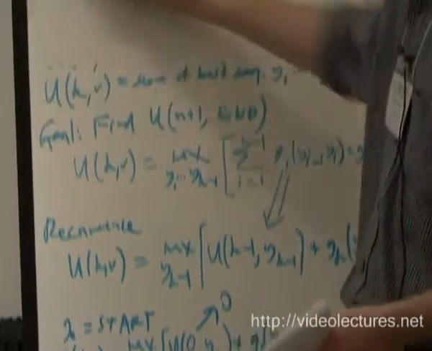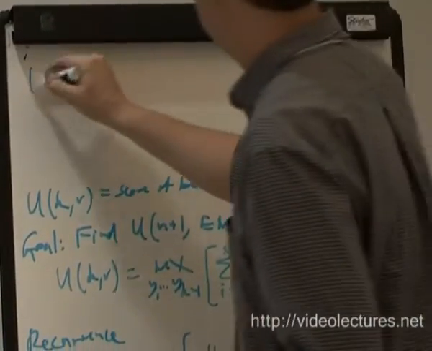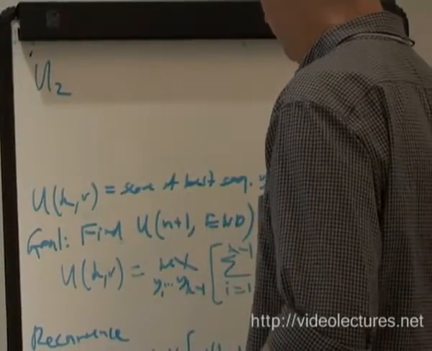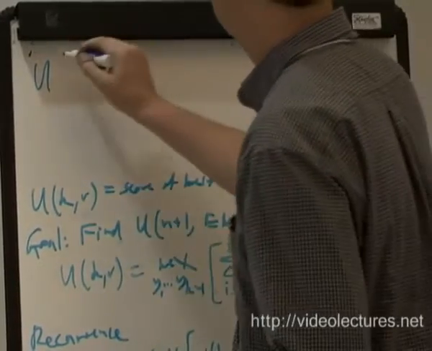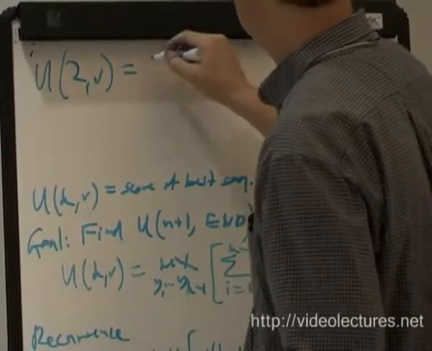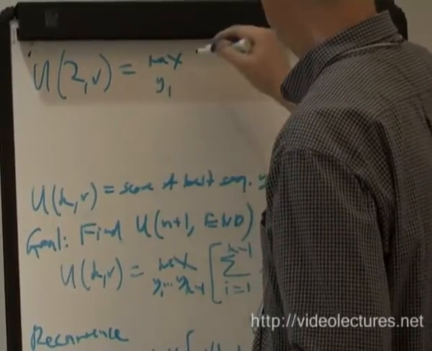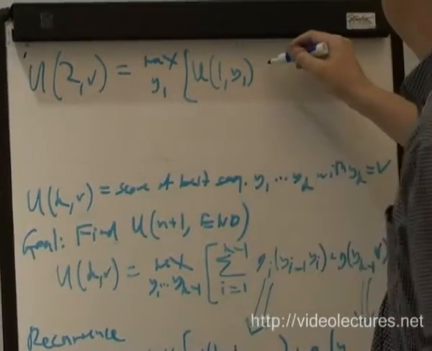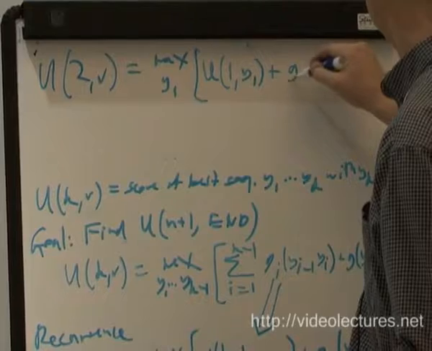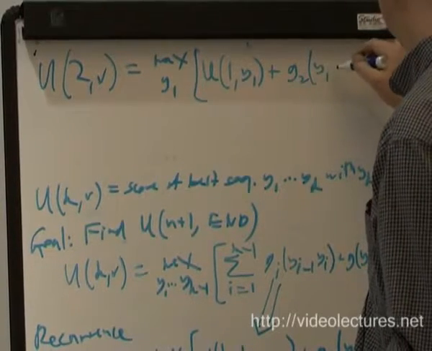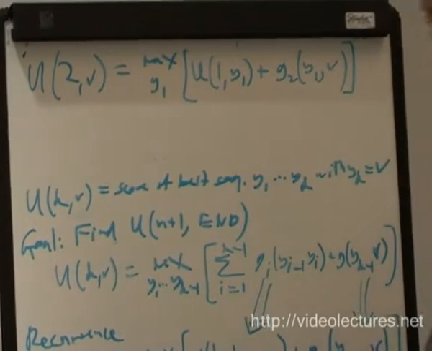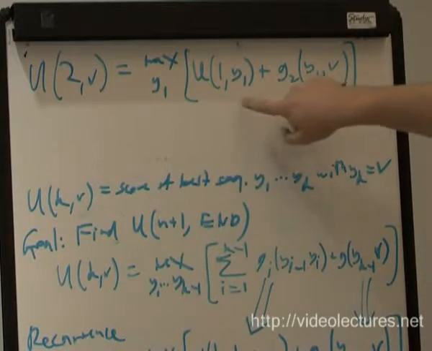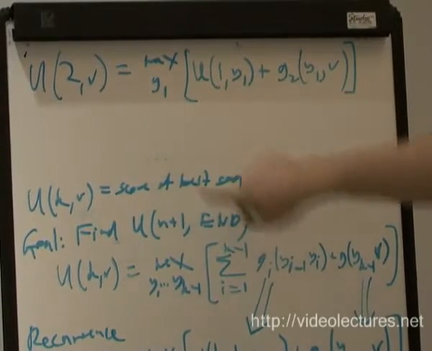And then U2 of V is non-trivial. So U of 2 comma V is max over Y1 of U of 1 comma Y1 plus G2 of Y1 V. So again, for every possible value of V, I have to do a maximization over Y1.